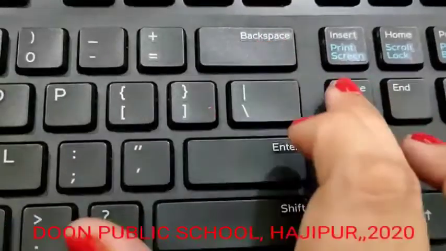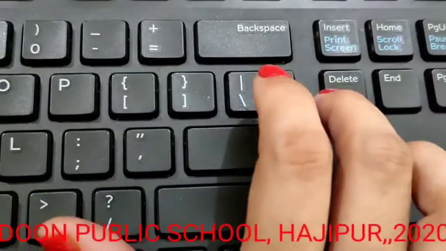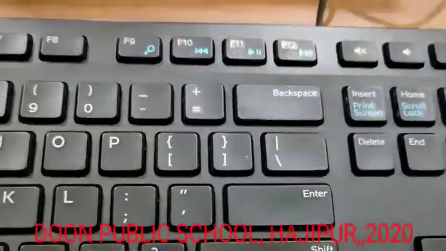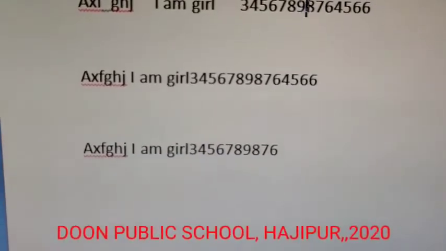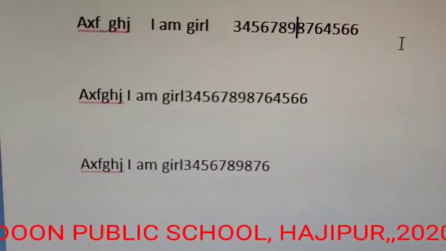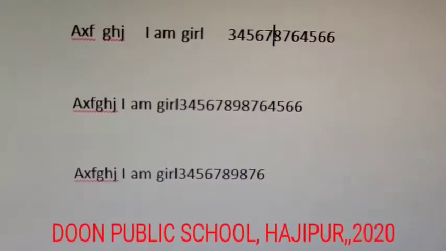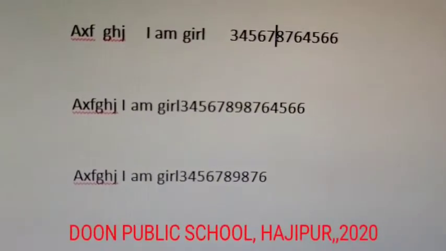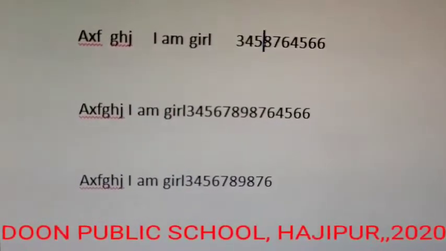These both are used to erase a letter or word. The difference is, if my cursor is between 9 and 8 and I am pressing backspace, backspace means the word is deleted off the left side.